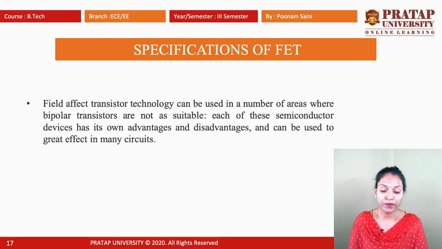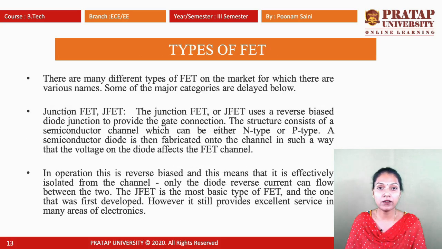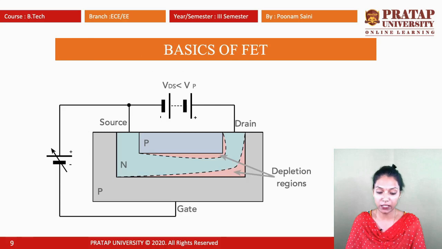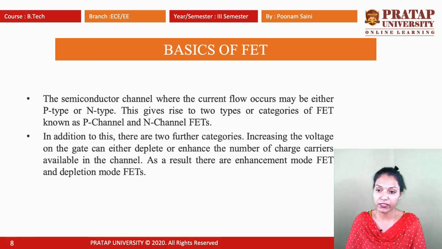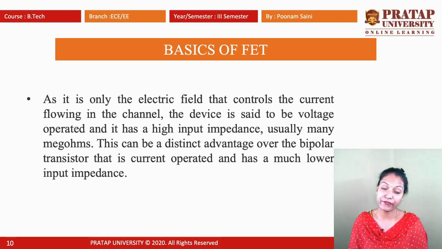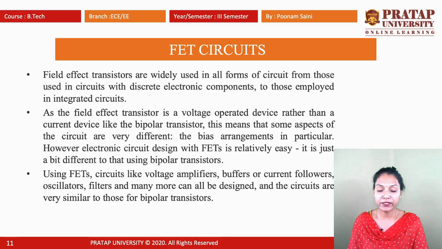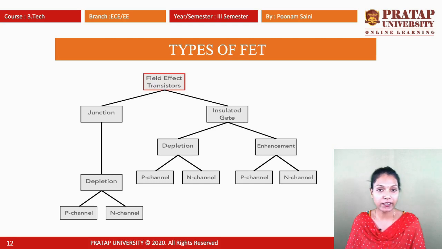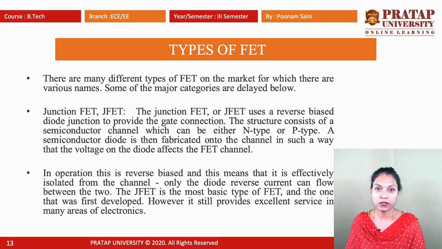So we can see that the BJT is basically a current controlled device and the FET is basically a voltage operated device. The main difference is that the FET has high input impedance and the BJT has low input impedance. FET circuits work on the field effect, and there are many types, like enhancement and depletion.